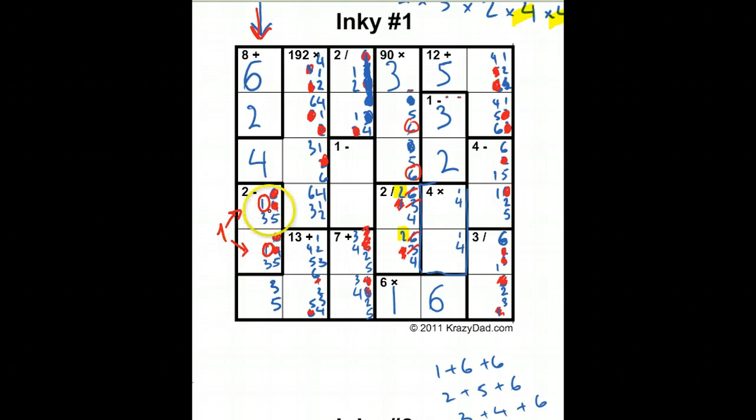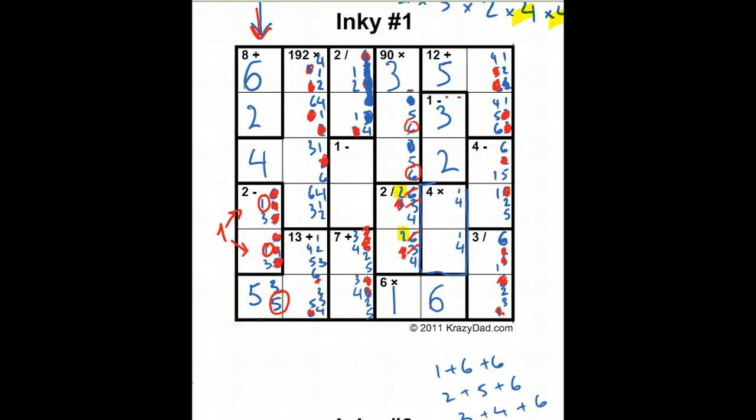If a 1 has to go there, then the partner combination has to be a 3 and a 1, which makes me get rid of these 5s, because the 5 becomes useless, because I know a 1 has to go there.